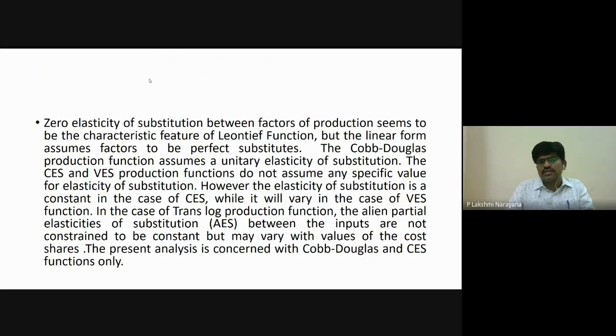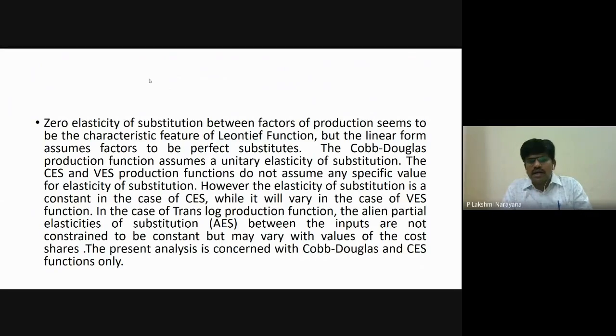Once again, I repeat this. This is a very important point. The Cobb-Douglas production function assumes a unitary elasticity of substitution.